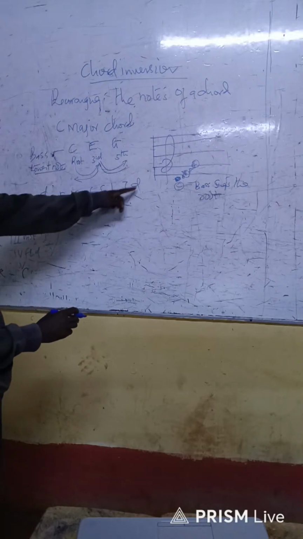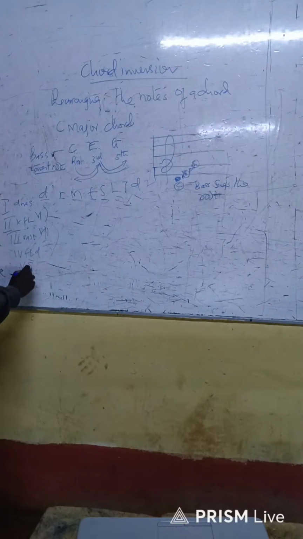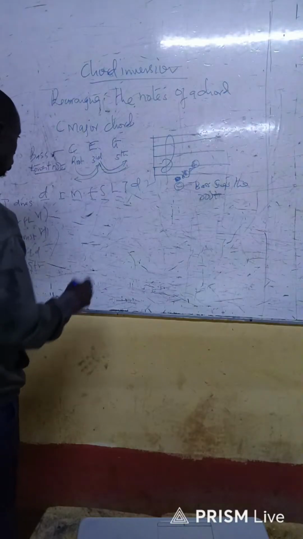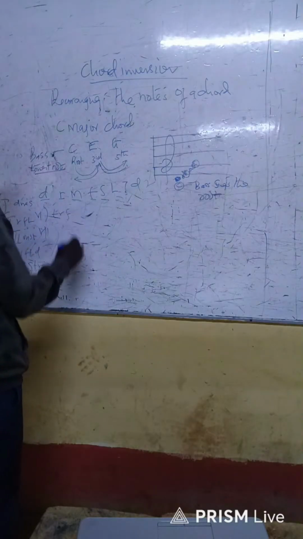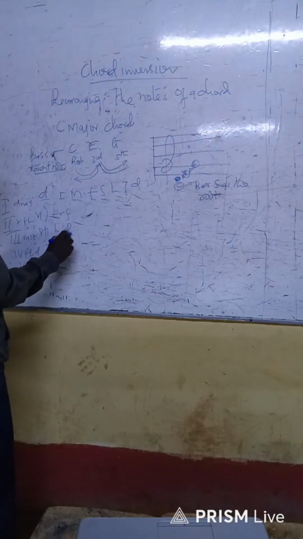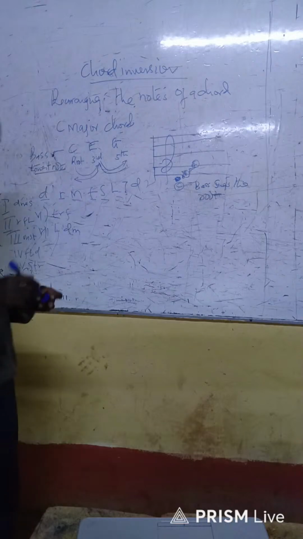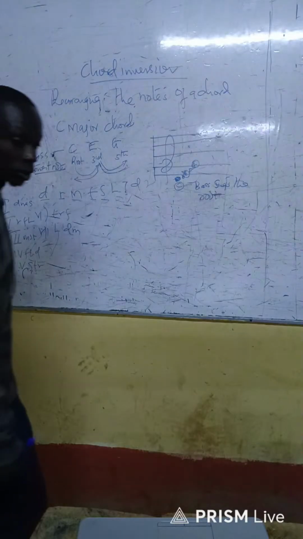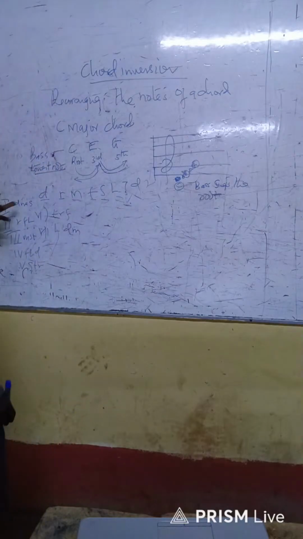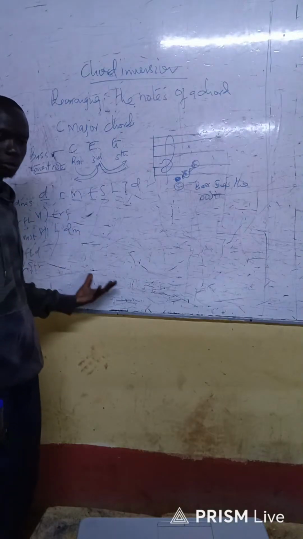Then the fifth one goes so, ti, re, as it continues, then ti, re, fa. Now this is the first chord, the second, third, fifth, sixth, and seventh. Here we talk about the formation of the chords using solfa notations: do, mi, so; re, fa, la; mi, so, ti; fa, la, do; so, ti, re; la, do, mi.